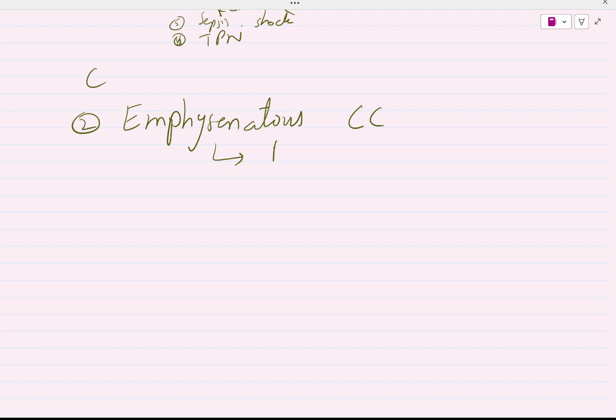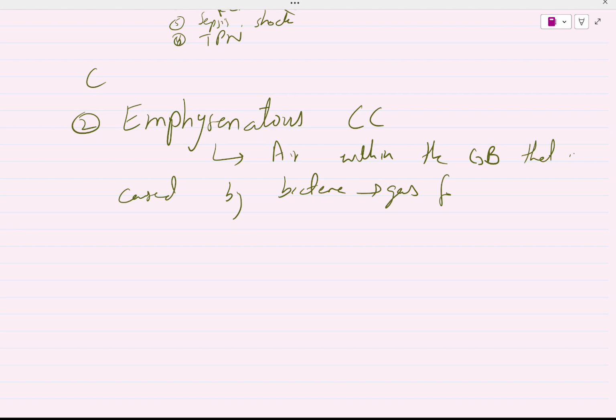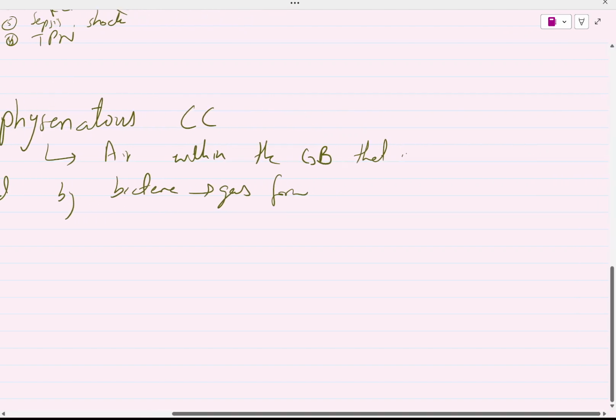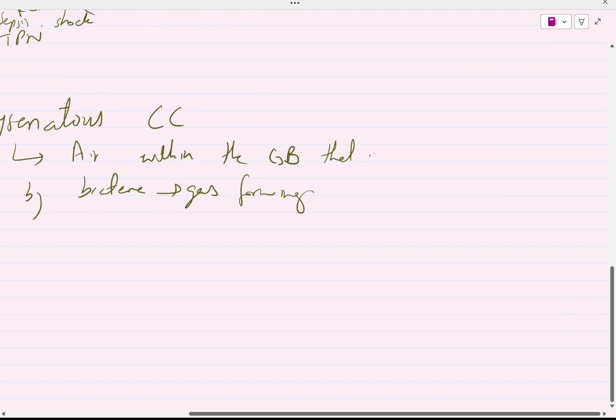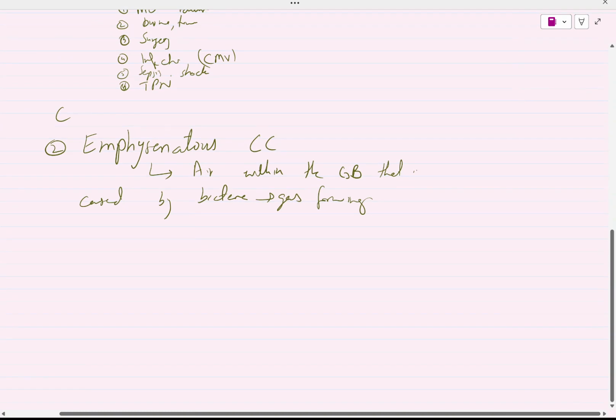There is air within the gallbladder, caused by gas-forming bacteria like Clostridium species. Gas-forming bacteria present in the gallbladder producing air within the gallbladder is called emphysematous cholecystitis.